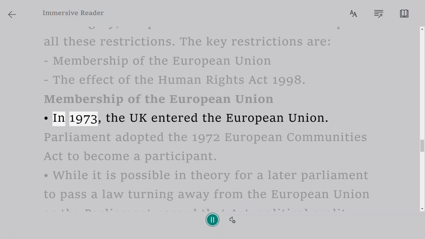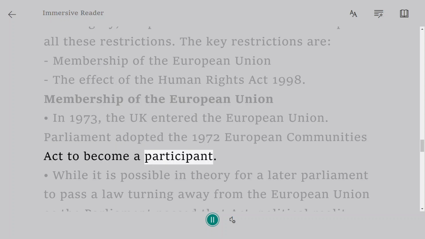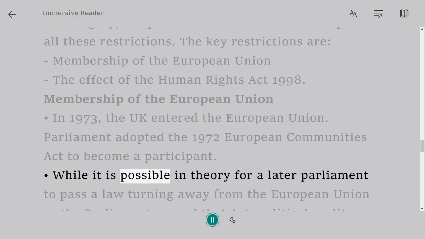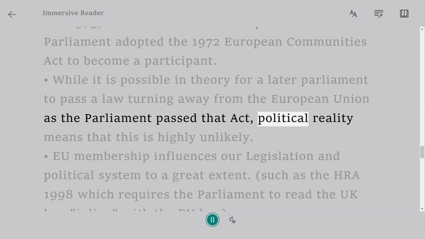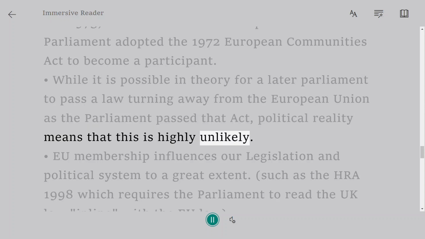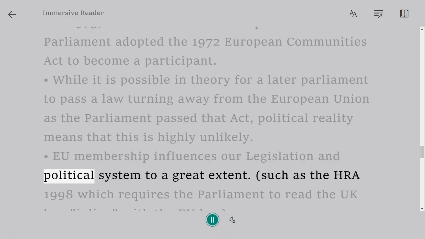In 1973, the UK entered the European Union. Parliament adopted the 1972 European Communities Act to become a participant. While it is possible in theory for a later Parliament to pass a law turning away from the European Union, political reality means that this is highly unlikely. EU membership influences our legislation and political system to a great extent.